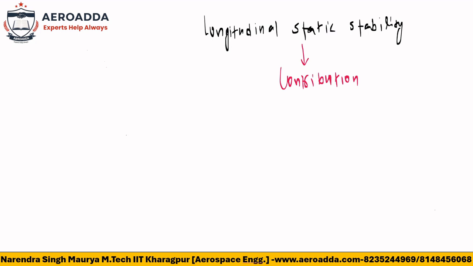How many major components are going to contribute to longitudinal static stability? You have to make it stable, correct? So we have to check the participation of the components, how each is contributing positively or negatively, and what its impact is.